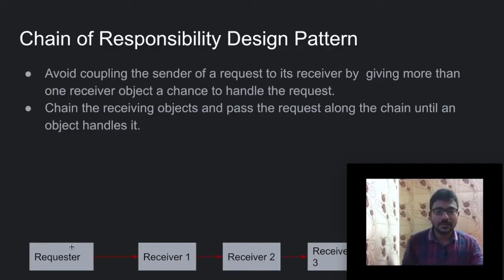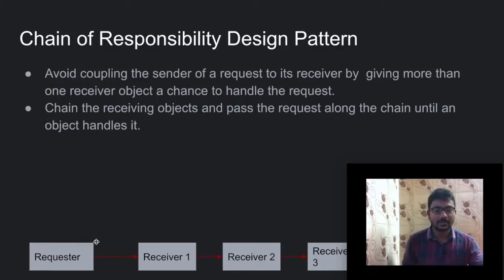For example, we will take the previous example itself. If you are logging into the Amazon website, we are trying to give the username and password. Suppose this receiver 1 handles only the permission related information. For example, this receiver knows only to check whether that username and password are valid.